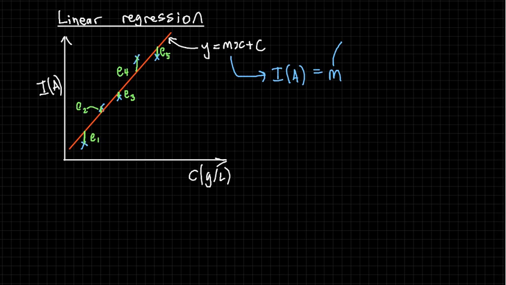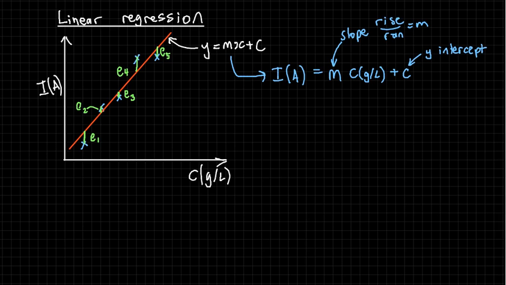M is just the slope. It's rise divided by the run. X in this case is the concentration in grams per litre, and then you have plus c, and this is the y intercept.